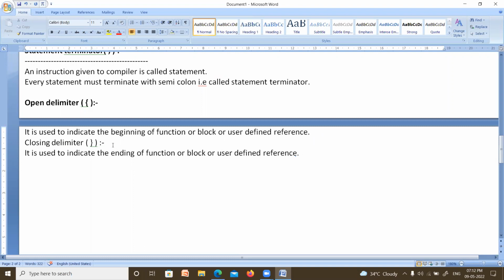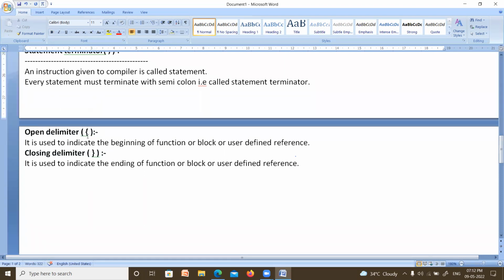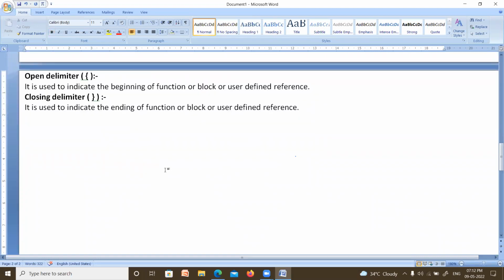So if you want to indicate the closing, you have to use the closing curly bracket. If you want to indicate the beginning, you have to use the open curly bracket. Note these two: open delimiter and closing delimiter. You should not say open curly bracket or closing curly bracket. Whenever you see these, you have to say open delimiter and closing delimiter. Note.